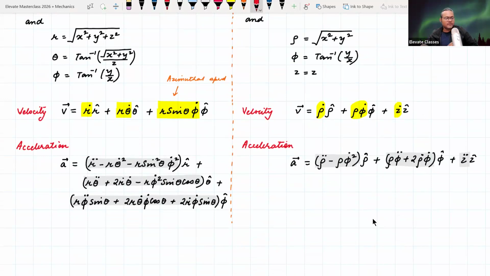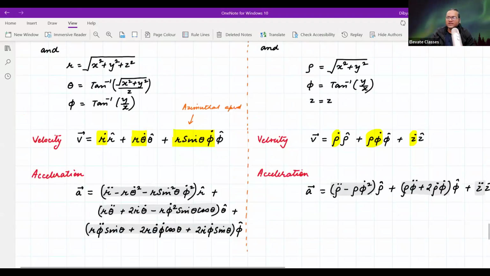Okay, so from now onwards, the questions that we are going to do are not necessarily going to be limited to the XYZ coordinate system. We might have questions related to circular motion. We might have questions related to cylindrical as well as different kinds of coordinate systems. But I will not jump straight away to random questions.